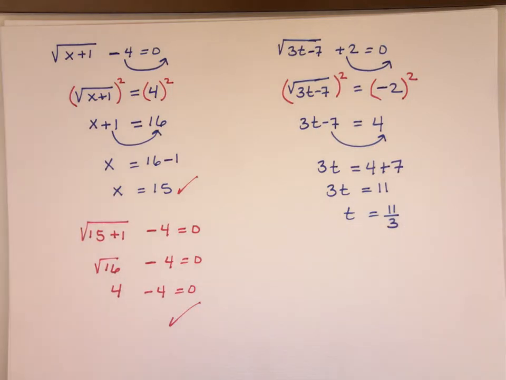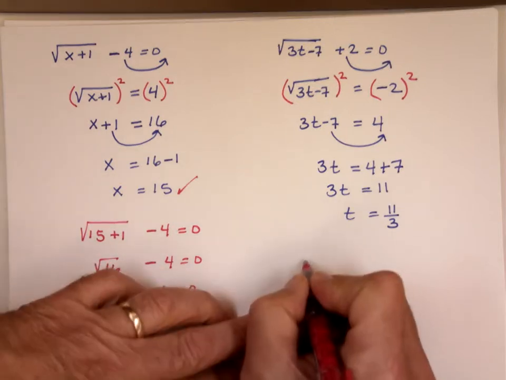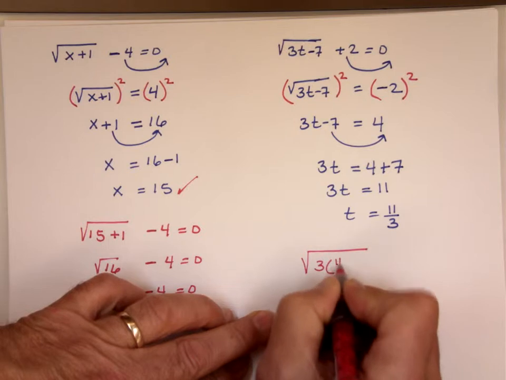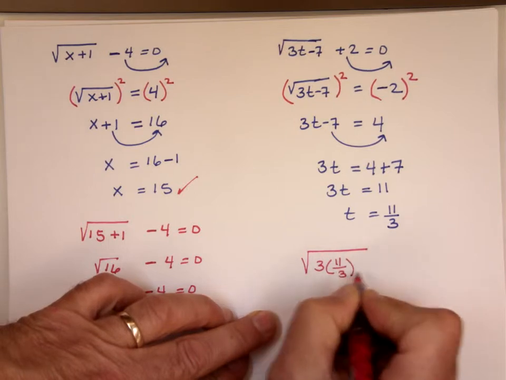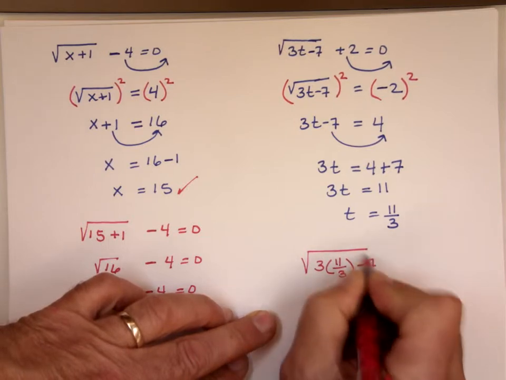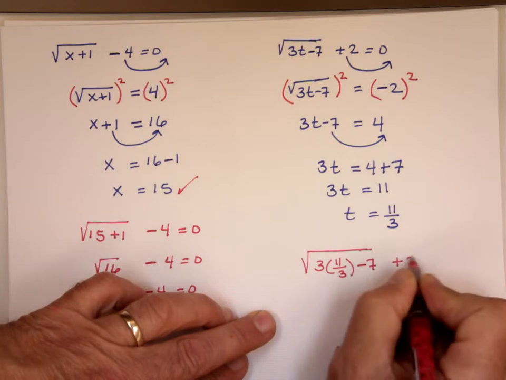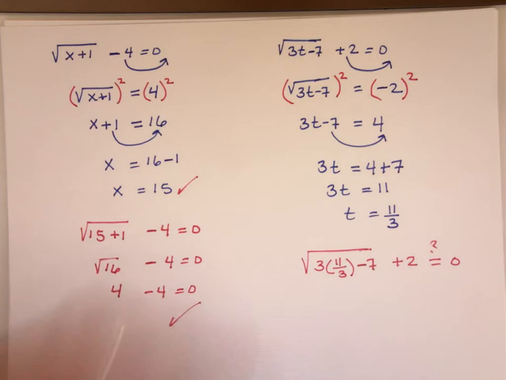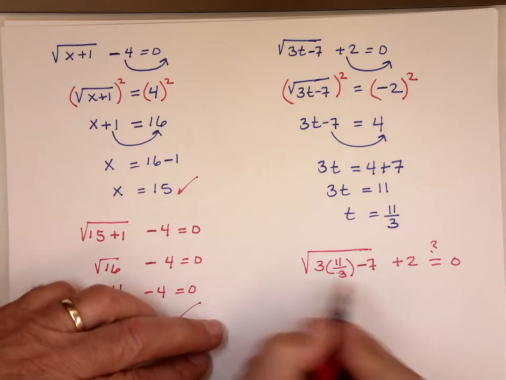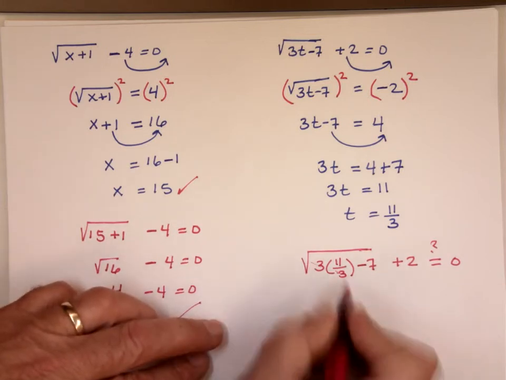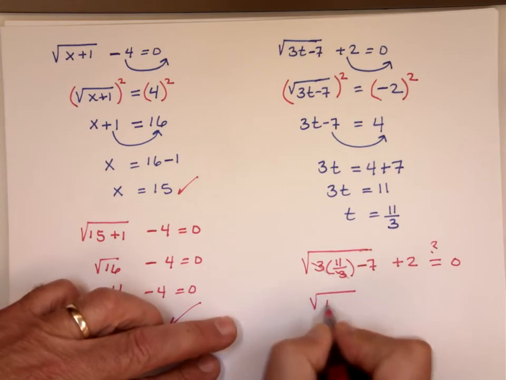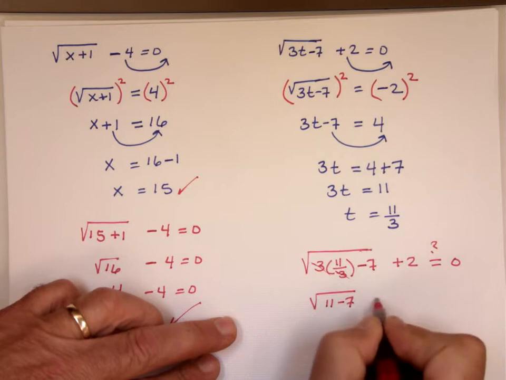Now let's check that answer. Let's see if that answer works. 3 times t. T is 11 over 3. Minus the 7. Plus the 2. Does that equal 0? This 3 cancels that 3. So you end up with 11 minus 7 plus 2.